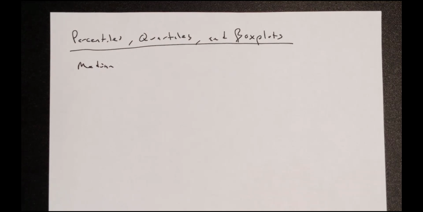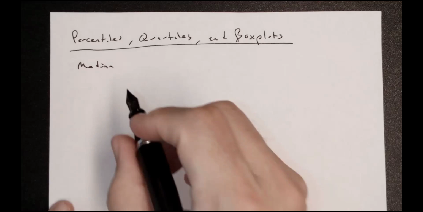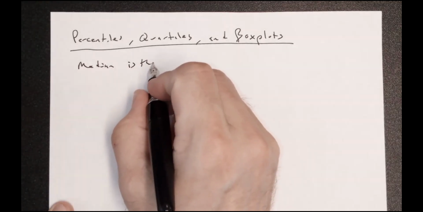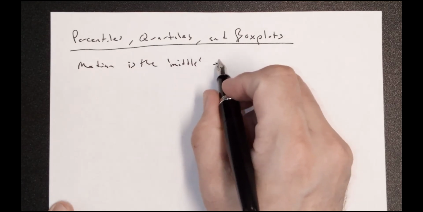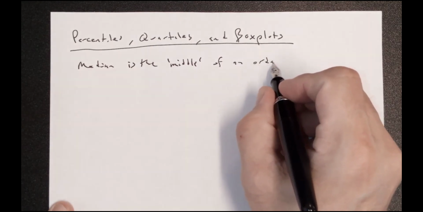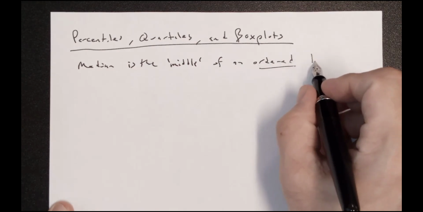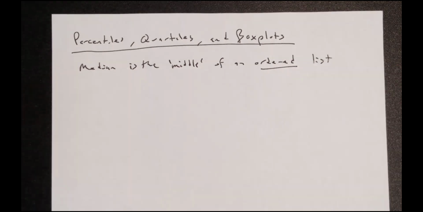We put the numbers in order and then picked the thing in the middle. And really, in a sense, that divides the list into two pieces, the high part and the low part.